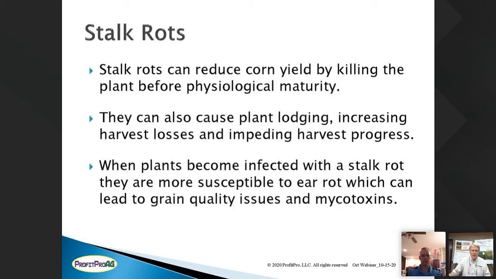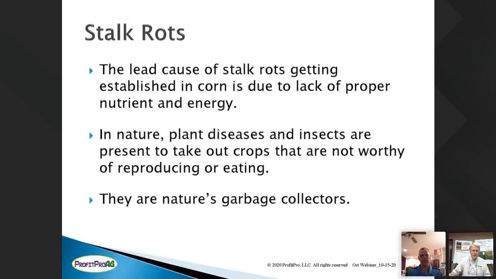And this is a major problem with livestock. So another reason why you don't want your corn to prematurely die is because you're cutting off the nutrient value in that grain, but you're also loading it up with mycotoxins that are not going to be good to feed your animals. So that's really something that we need to look at.